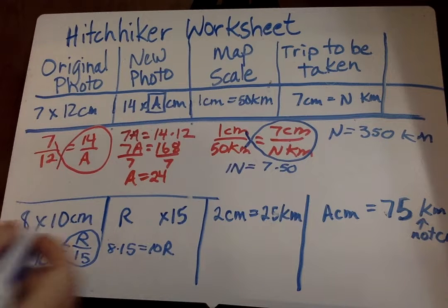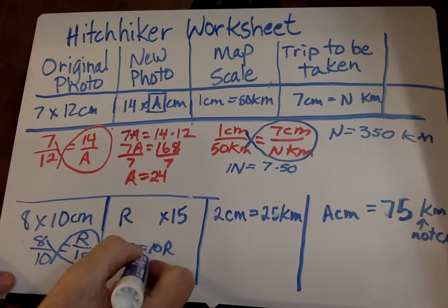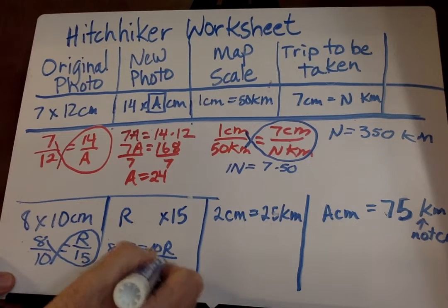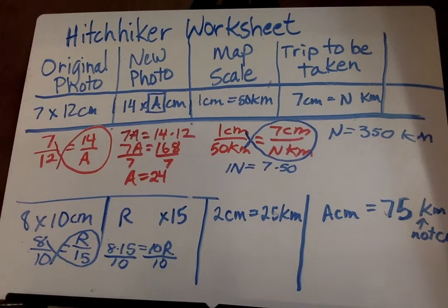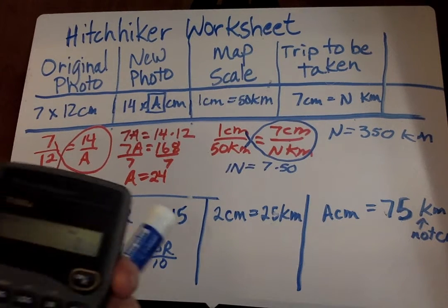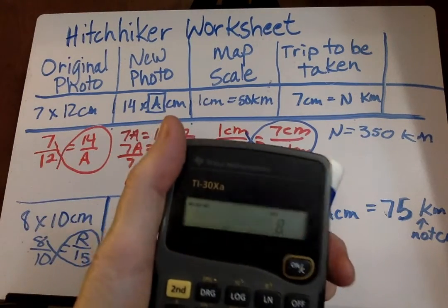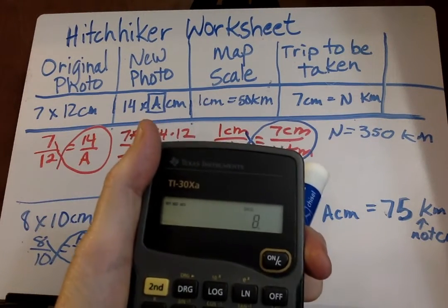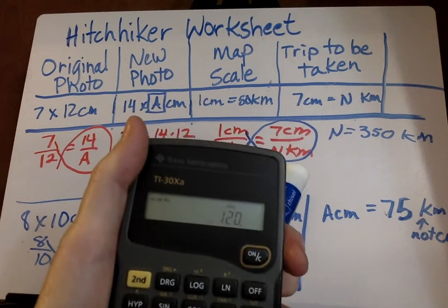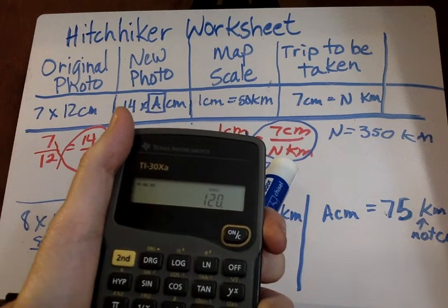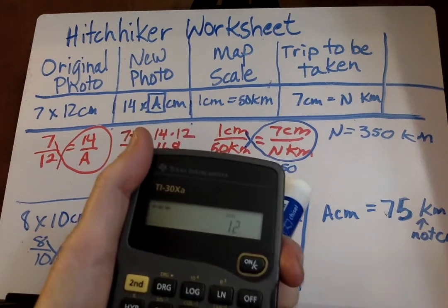Okay, I might take a little bit of a shortcut and say I can also divide that by 10. So 8 times 15 is 120, divide by 10, 12.